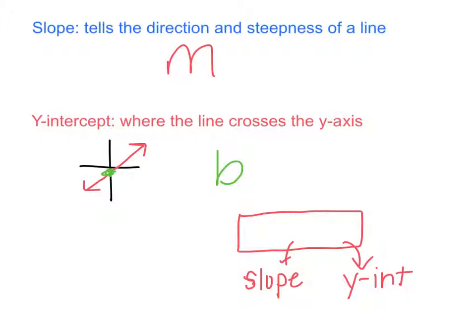So just remember, if they give you the slope and the y-intercept, you can plug it into slope-intercept form. And this is probably one of the three types of forms of equations. You will probably want to have these memorized.